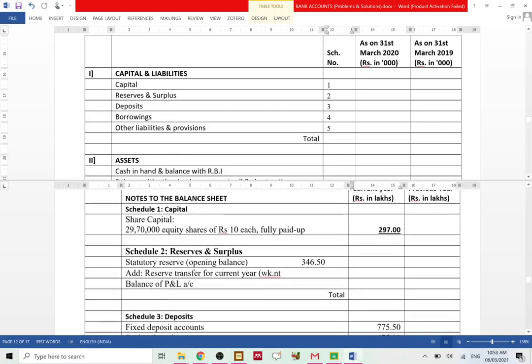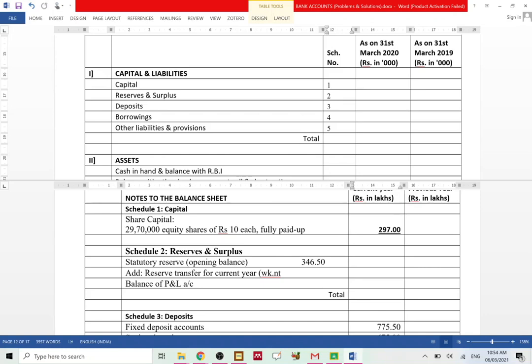So we'll now calculate the statutory reserve transfer for the current year and accordingly get our total reserves and surplus balance. Now, we know that transfer to the statutory reserve is made from the current year's profit, isn't it?